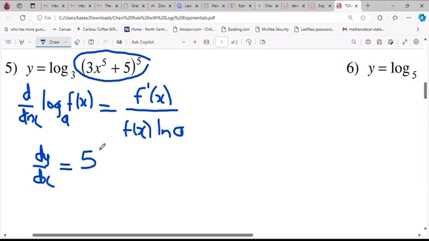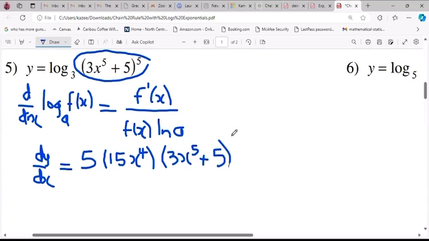Differentiate what you have inside, that's going to be 15 x raised to the power 4. Then you rewrite everything: 3x to the 5 plus 5, all raised to the power 4.